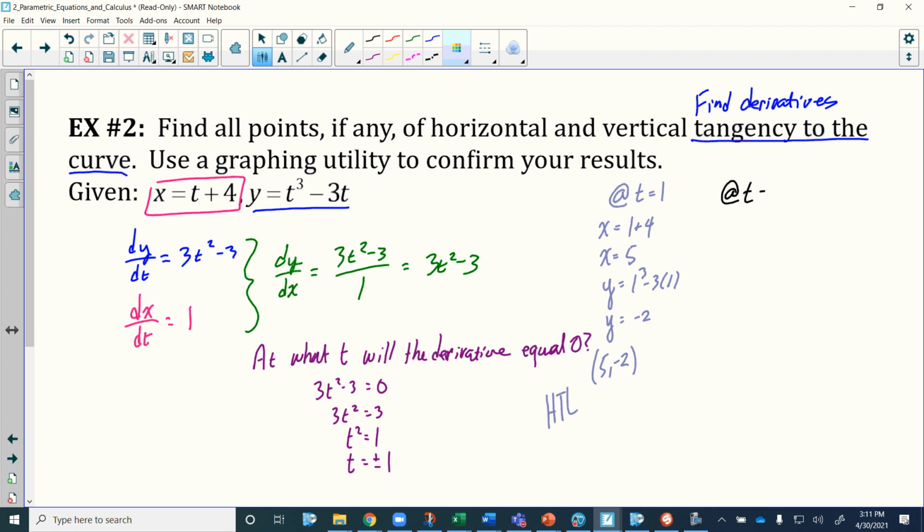So at t equal to negative 1, when I do my substitution, for x I'm going to get negative 1 plus 4. So I get an x value of 3, and y equals negative 1 cubed minus 3 times negative 1, and that will give me y equal to a positive 2. So I have here (3, 2), and that will also be a horizontal tangent line. And we don't have any vertical tangent lines on this one.